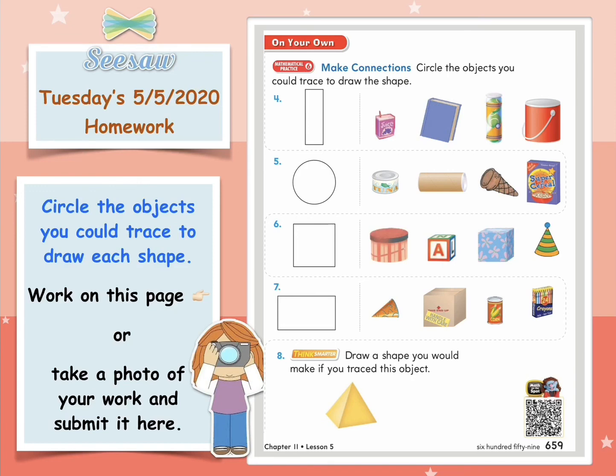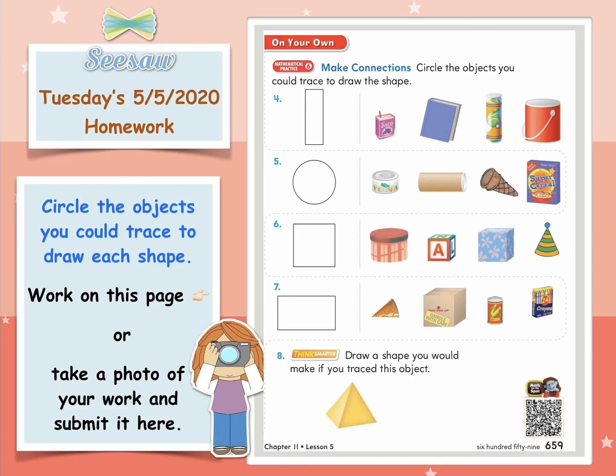The first shape is a rectangle, then a circle, then a square, and number 7 shows again a rectangle. Now look carefully at the objects on the right side and at the flat surfaces of each, then circle them.